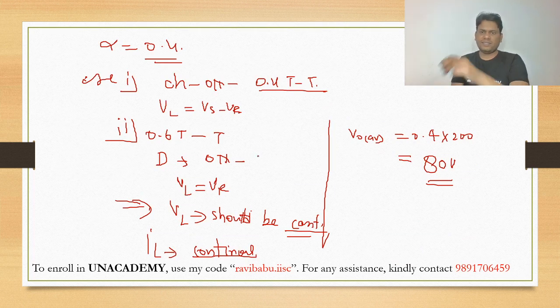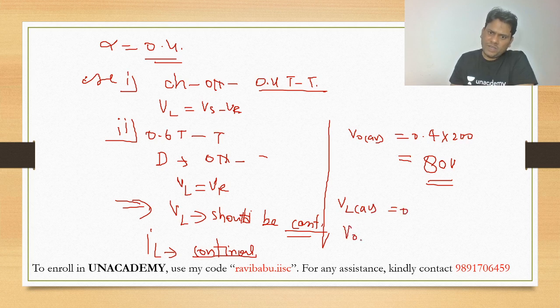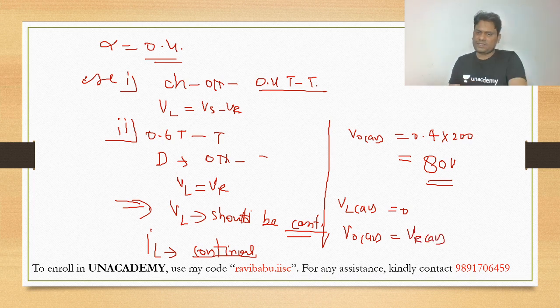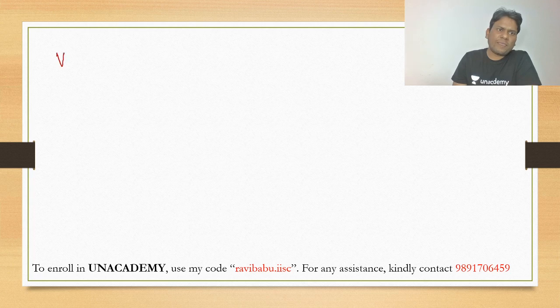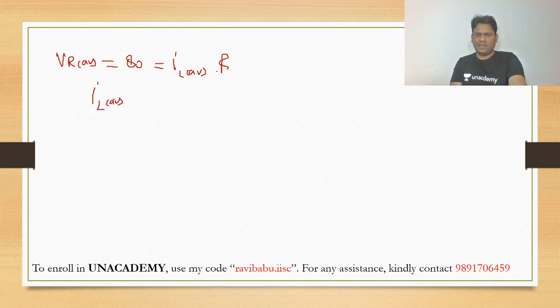Please mind it, VL average is 0, okay. So V naught average is equal to VR average. So by Ohm's law, VR average, we have calculated 80, is equal to IL average into R. So IL average, or you can say I naught average, both are same.